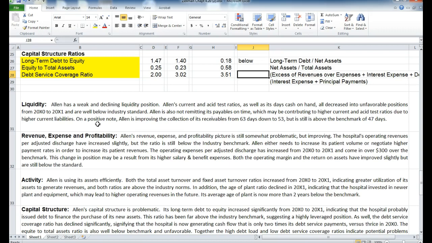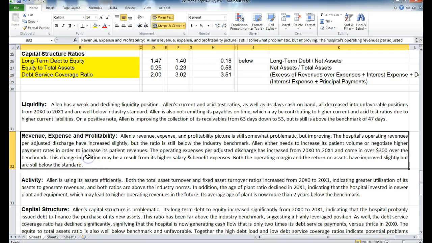We also talked about that they're not paying their bills on time, and so that adds to greater current liabilities. The one positive thing was that they reduced their days in accounts receivable by 10 days down to 53, but they are still above the benchmark of 47.